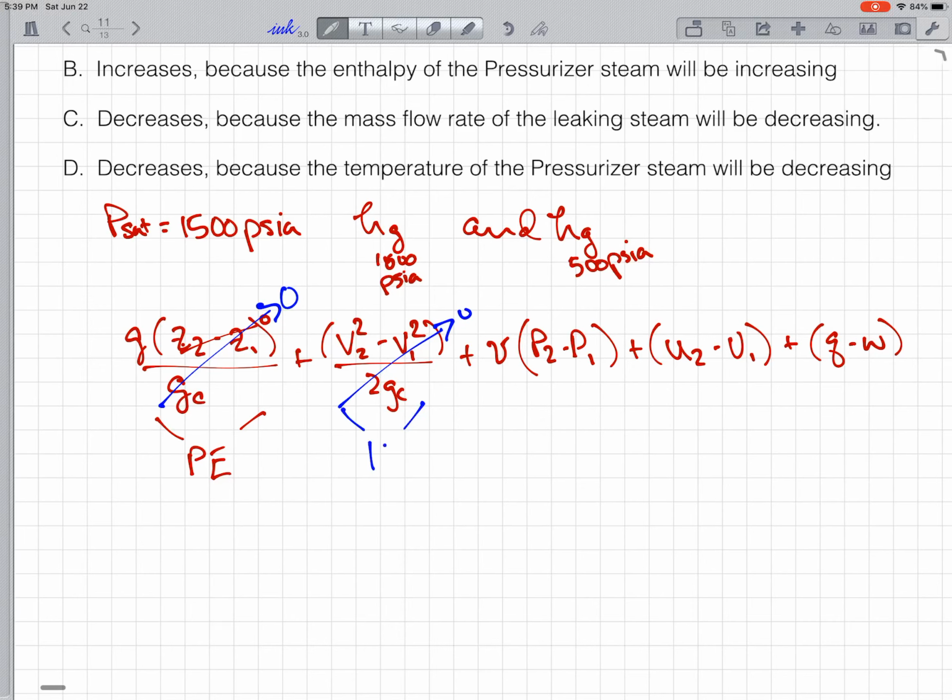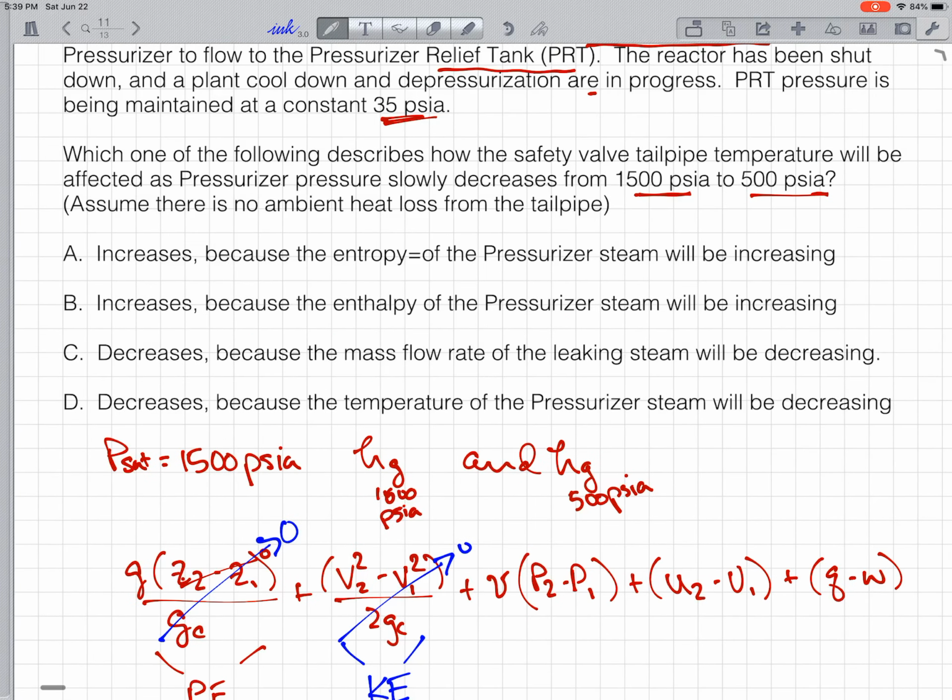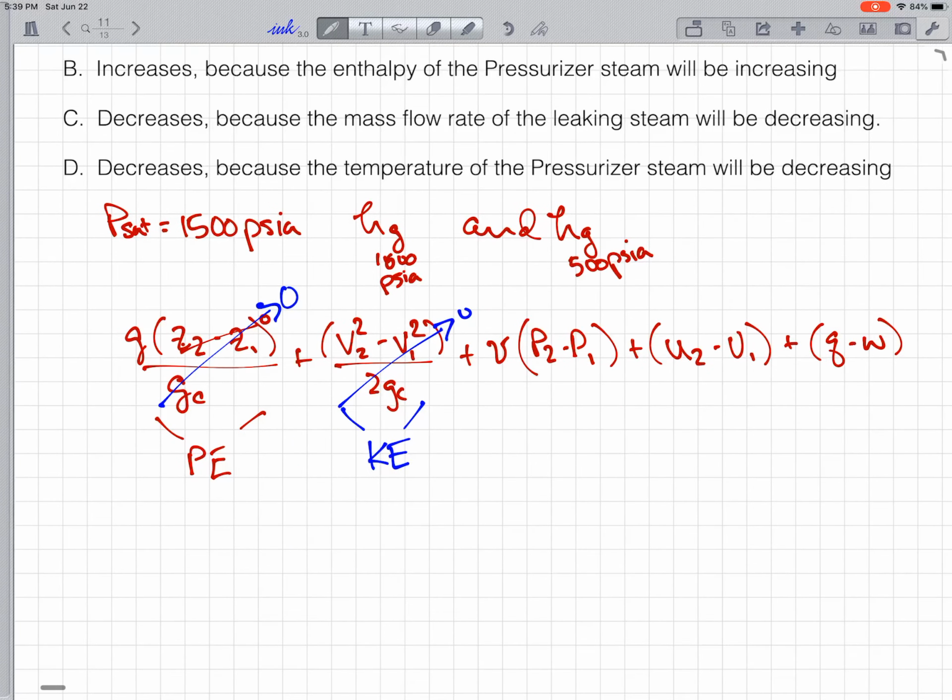And this is, of course, kinetic energy. So the velocities aren't that much different for this to change, so we're going to assume that that's 0. And there's no heat being added to or taken from the system because assume there is no ambient heat loss from the tailpipe. So heat, that's 0. And it's not turning a turbine or anything, so there's no work being done in the system.